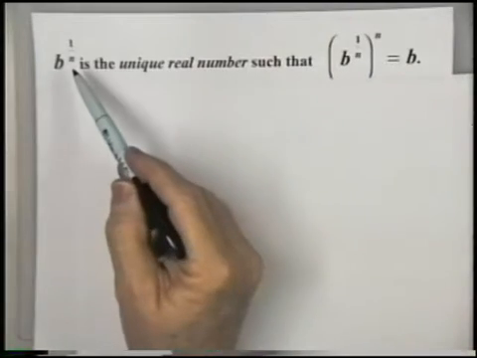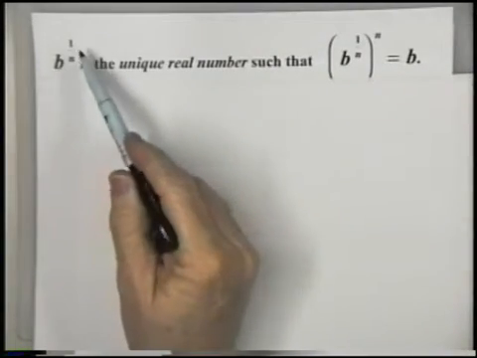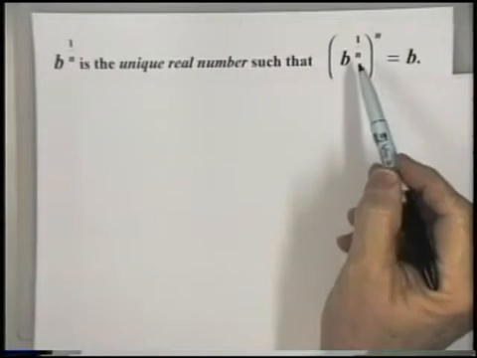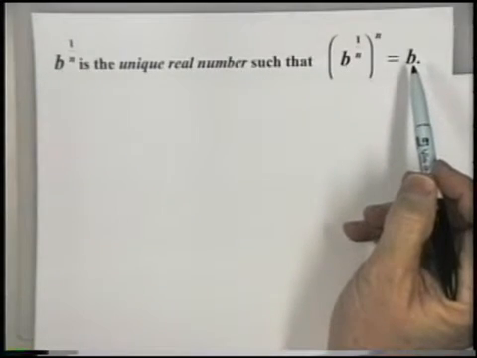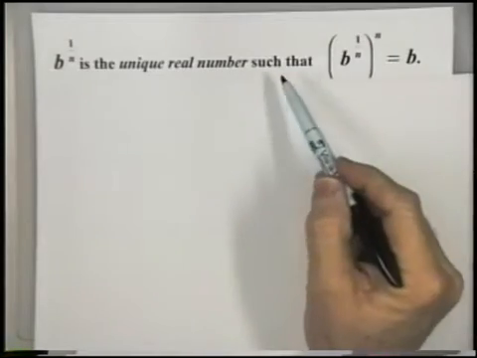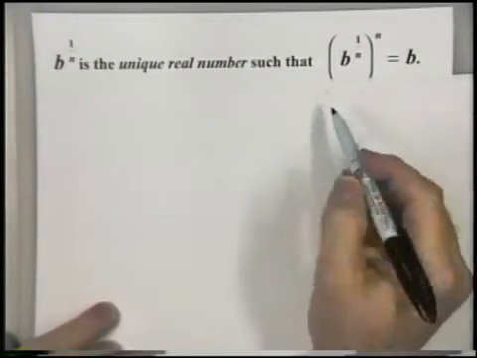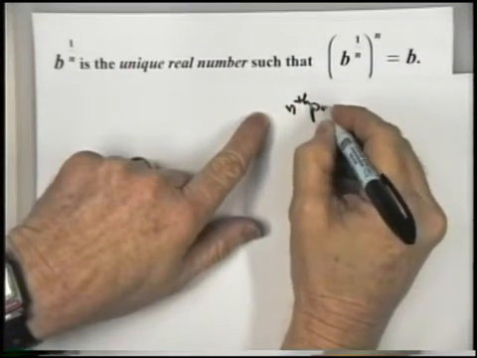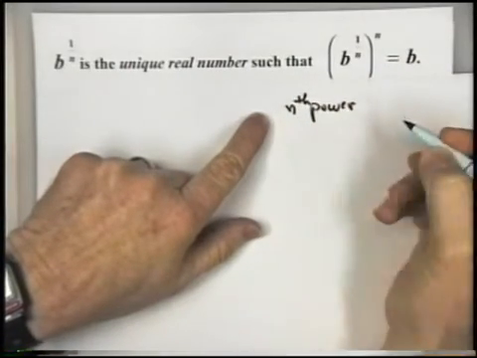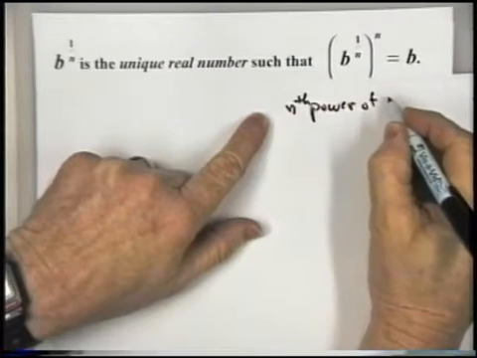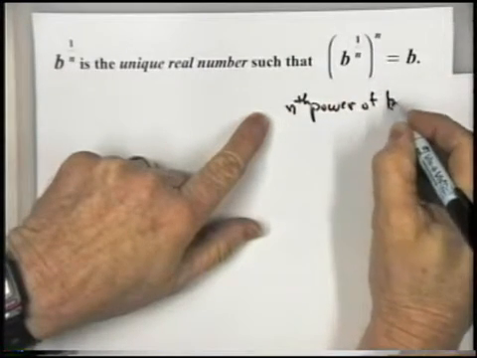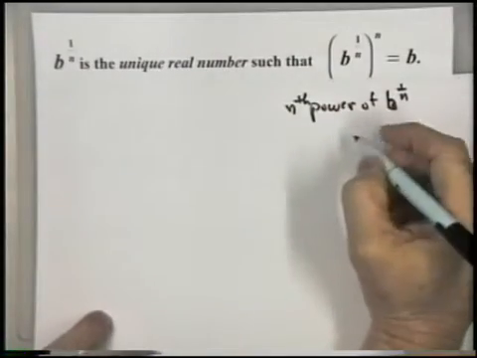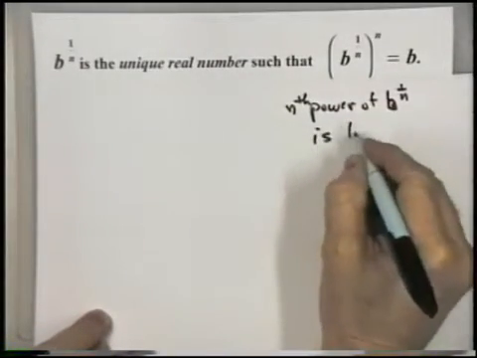That is, we want this expression right here, b to the 1/n, to be the unique real number such that its nth power is b. The unique real number such that the nth power of b to the 1/n is b.